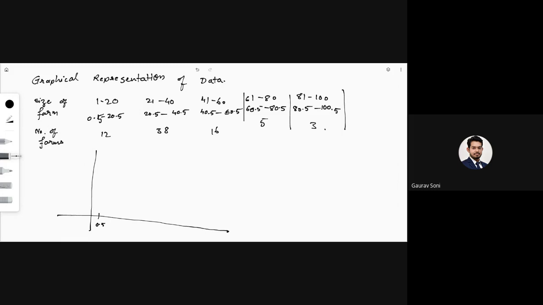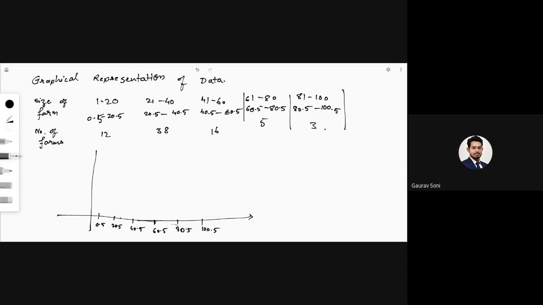Then 20.5 to 40.5. Then 40.5, 60.5, 80.5, and 100.5.